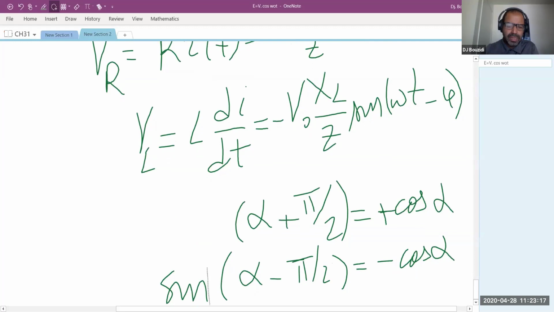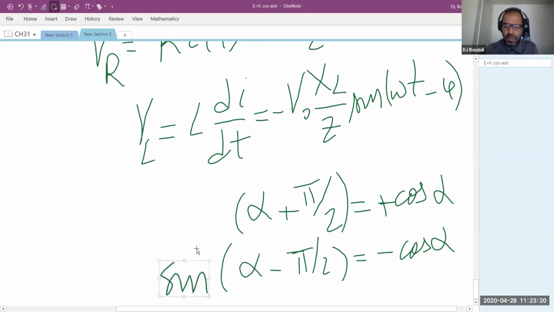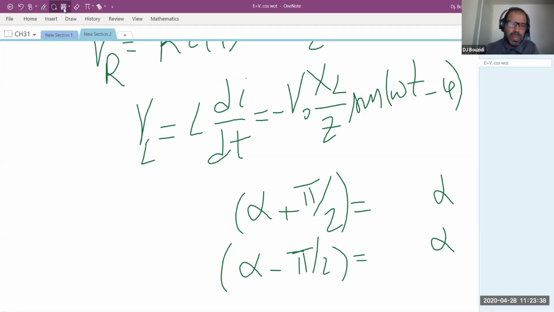We need another identity actually. We don't need this. And we don't need this. And let's remove the signs in here. Thank you. So what we need actually are the cosines, you're right.